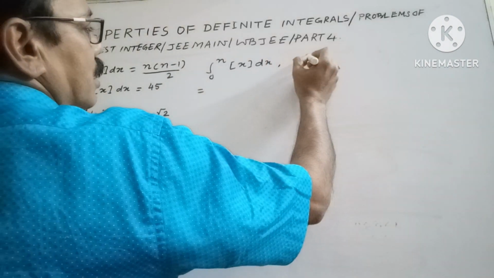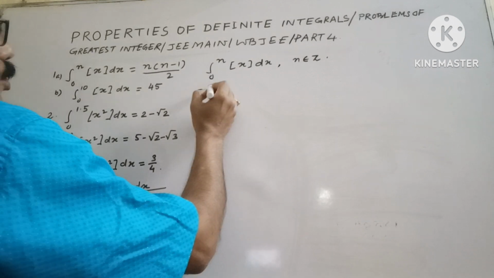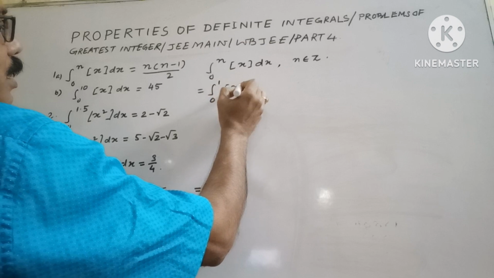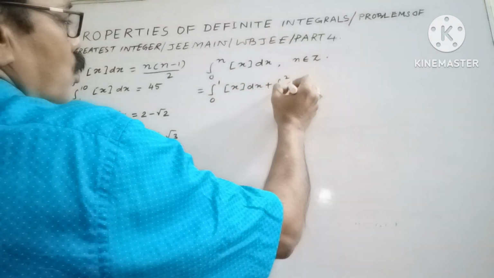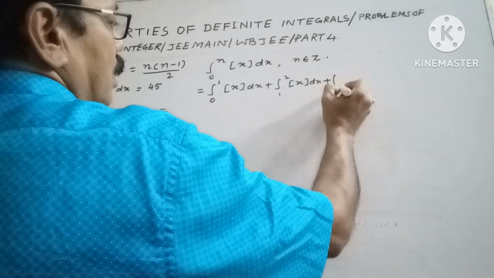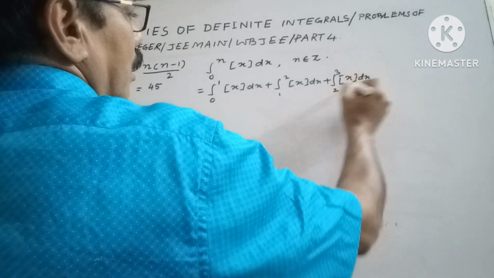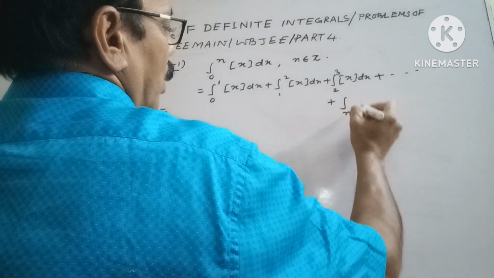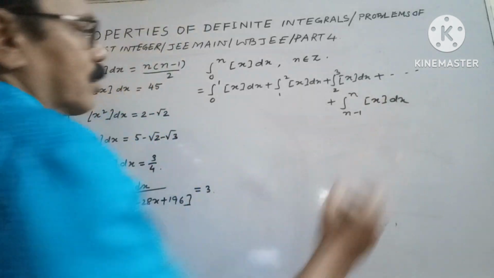Here n is an integer, n belongs to Z. So 0 to n we can write as 0 to 1, 1 to 2, 2 to 3 by the property of definite integrals, then up to n minus 1 to n, third bracket x dx.